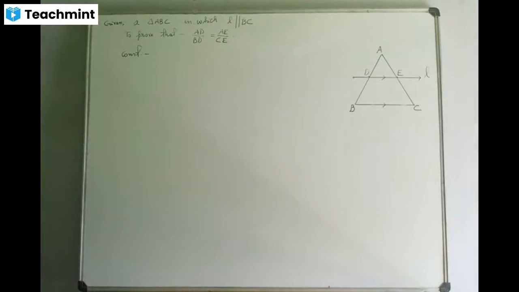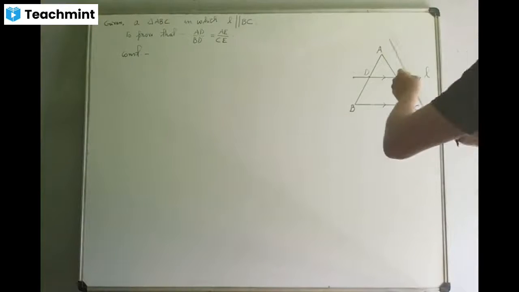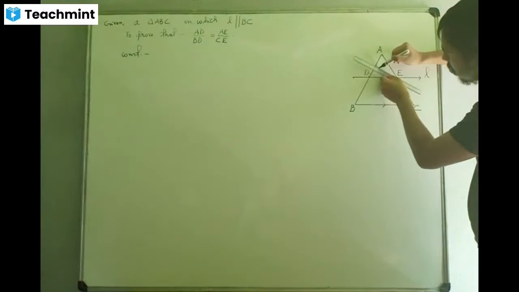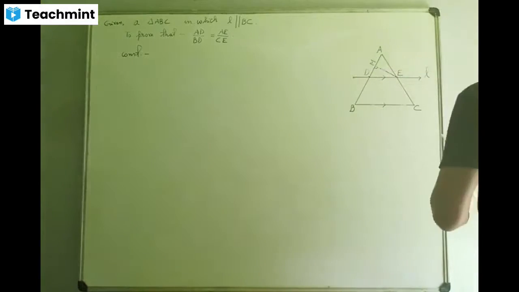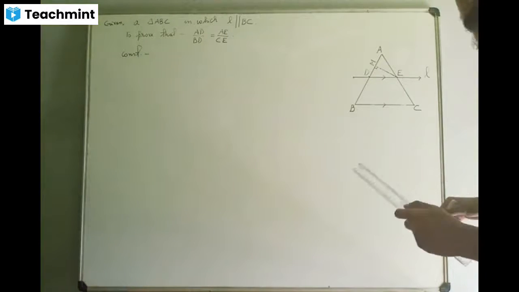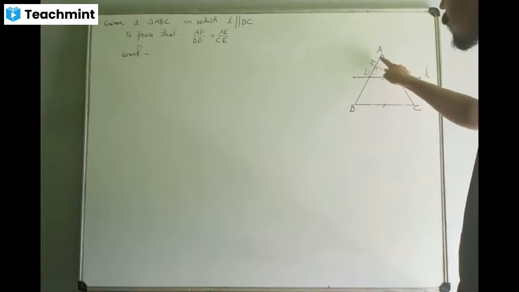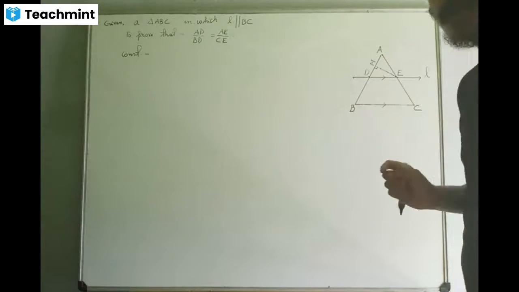Let's see. What I'm going to do is draw EM perpendicular to AD. Okay. What are we doing here? We are drawing EM which is perpendicular to AD, or we can say perpendicular to AB as well.